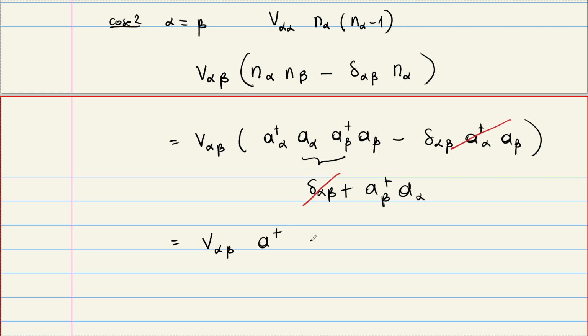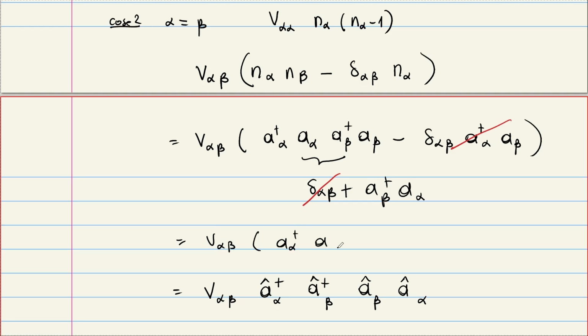Now I have this so-called normal order, a dagger, a, and these are all operators. I sorted like alpha, beta, beta, alpha. You can see there's also an alpha, so maybe I can write it in two steps. In the intermediate step, I have a_alpha dagger a_beta dagger a_alpha a_beta. But as I have shown above, this a_alpha and a_beta commute, so I like to write it in this form.